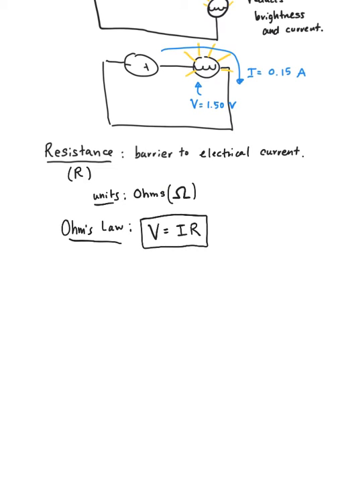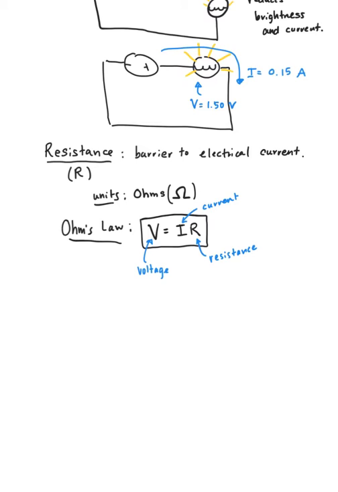In Ohm's law, V again is voltage, I is current, and R is resistance to current flow. So that voltage in a circuit is equal to the current times the resistance in that circuit.